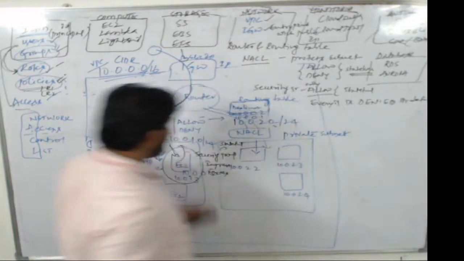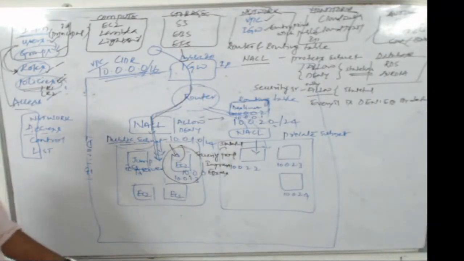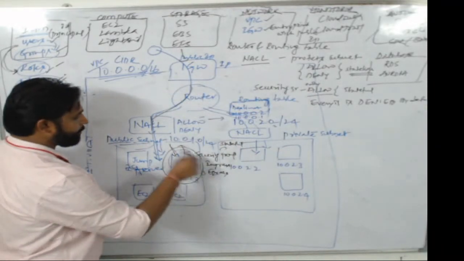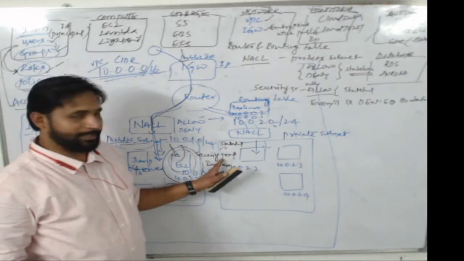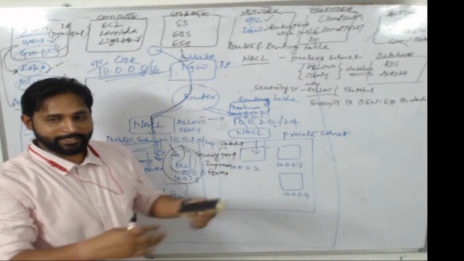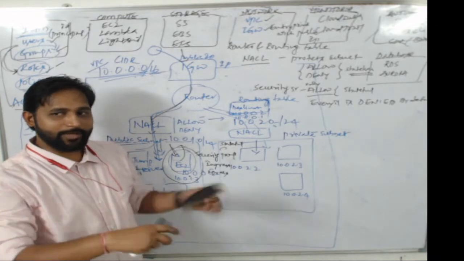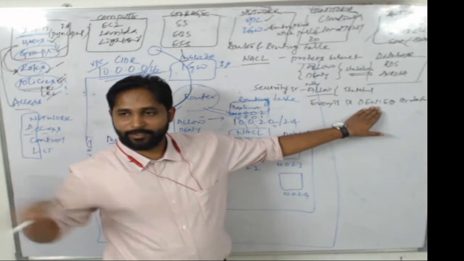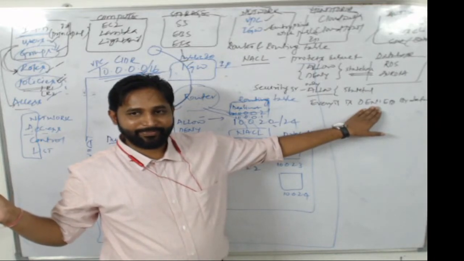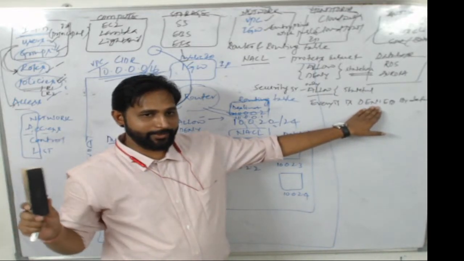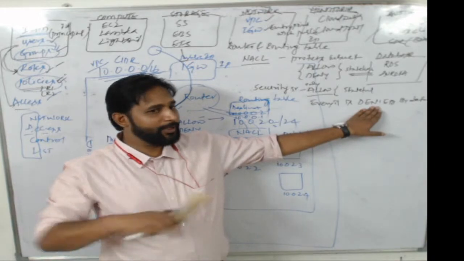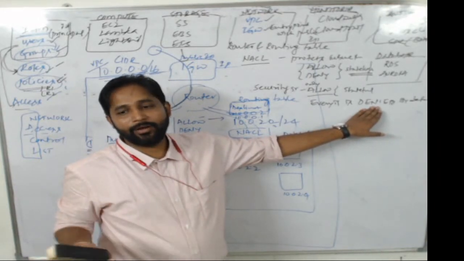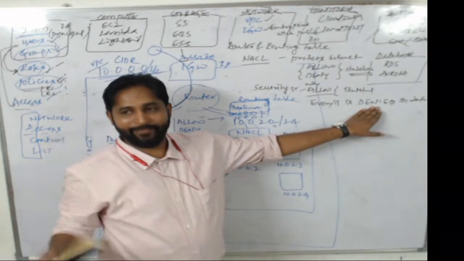Means when you set up an EC2 instance and when you set up a security group, what's the default nature of a security group? It protects everything, which means it's not going to allow anything at all. The default rule is deny, deny, deny, deny. Don't allow anybody. That's the nature of a security group. Means if you don't configure it at all, it's denying every request.